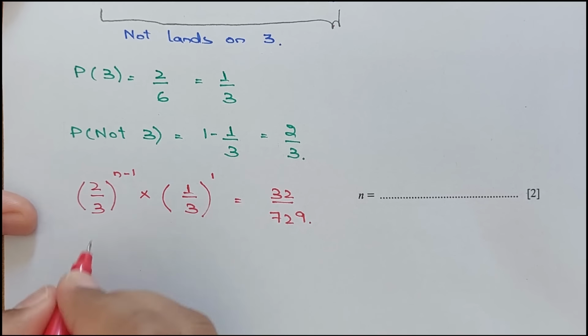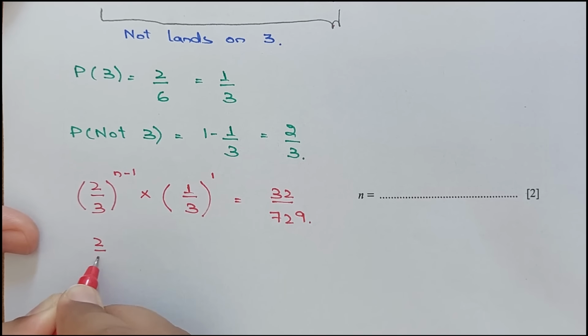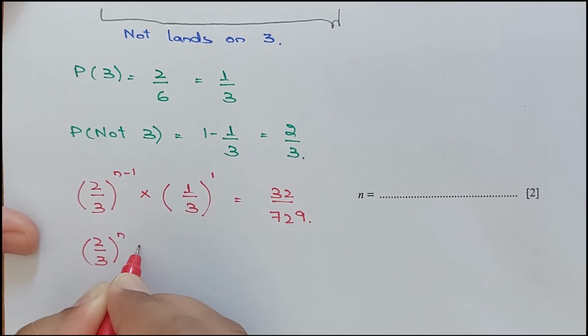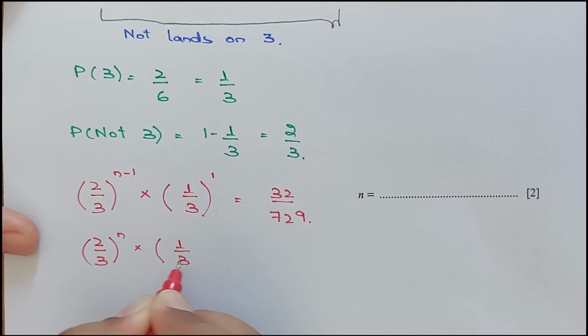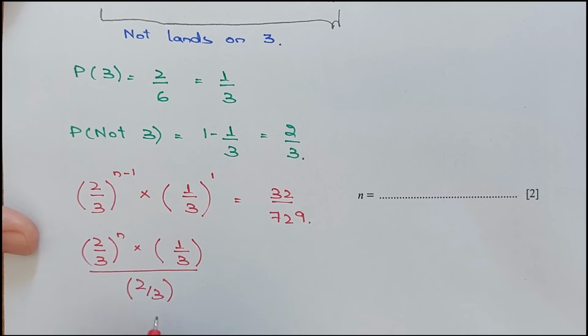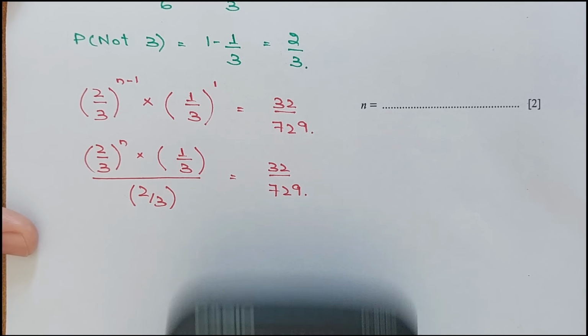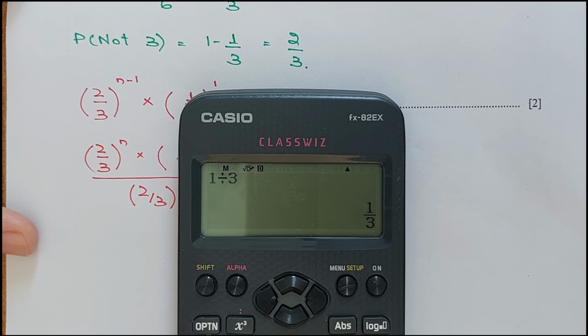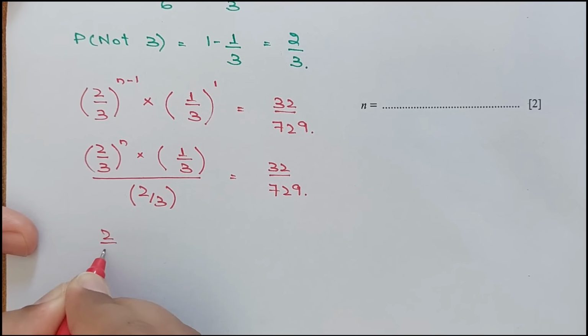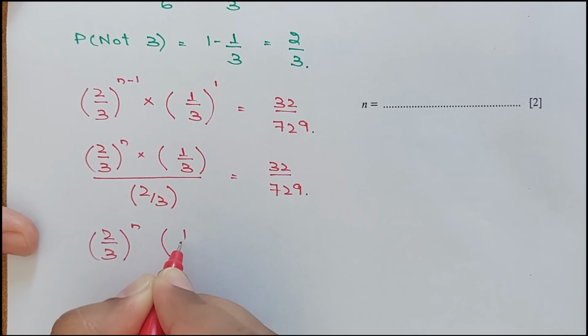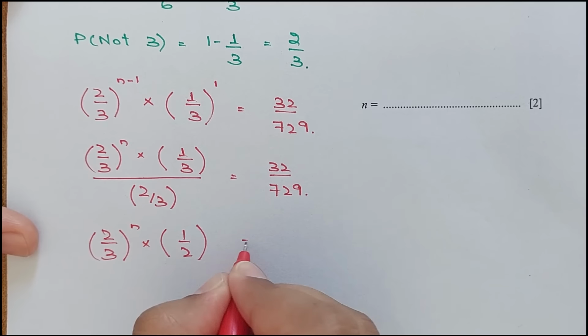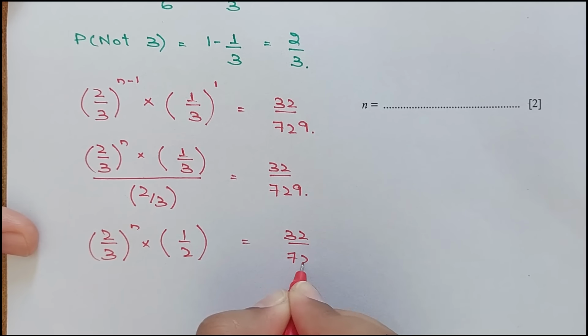Now let me simplify this. This would be 2 over 3, its power is n, times 1 over 3, over 2 over 3, because we have n minus 1, so shift this power into the denominator, equals 32 over 729. Now we have to simplify. 1 over 3 divided by 2 over 3 is going to be 1 by 2. So 2 by 3 to the power n, times 1 by 2, equals 32 over 729.